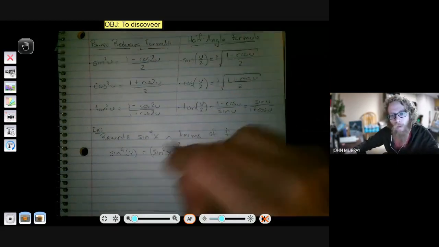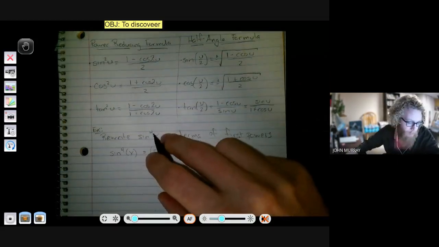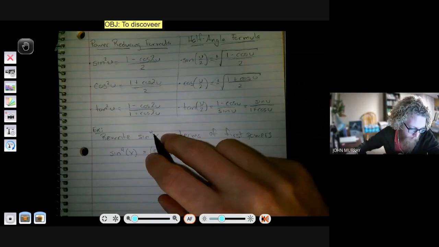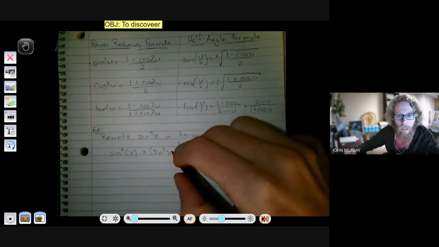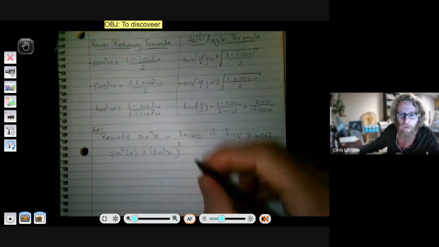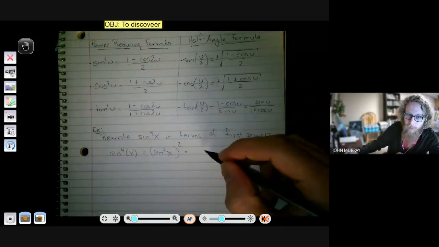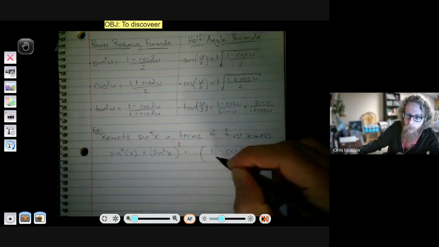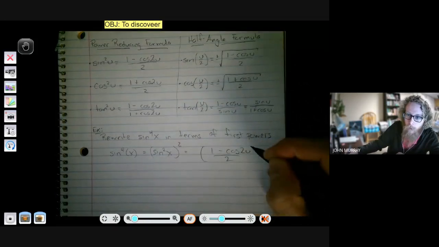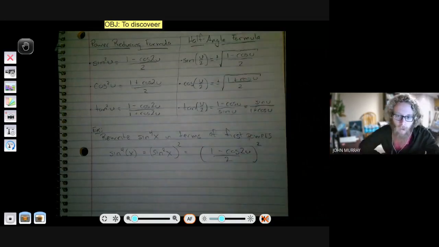When we raise a power to a power, we multiply those together to get that power of 4. So here I see the sine squared x, so I'm going to use my power reducing formula. Okay, so I just substituted in with the rule there.